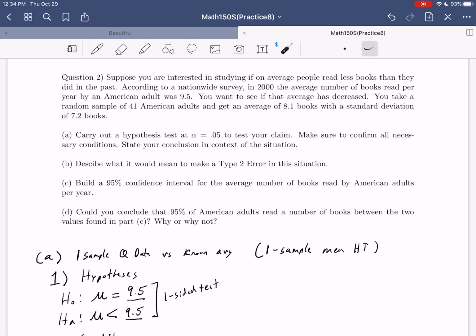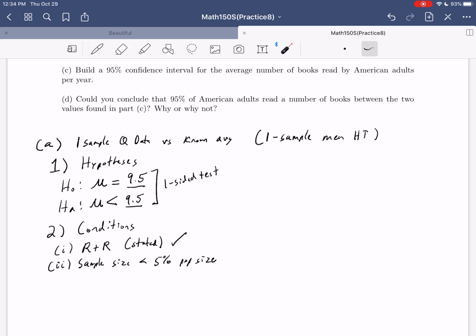Is there any concern, though, that 41 is a lot of the population? Absolutely not. The population of American adults is absolutely massive. So all we would need to say to confirm this is that there are lots of U.S. adults, and that's sufficient. There's no way that 41 represents more than 5% of all the American adults out there.